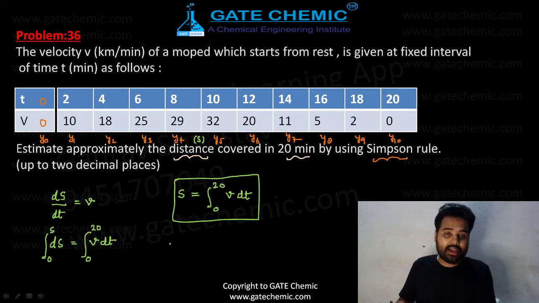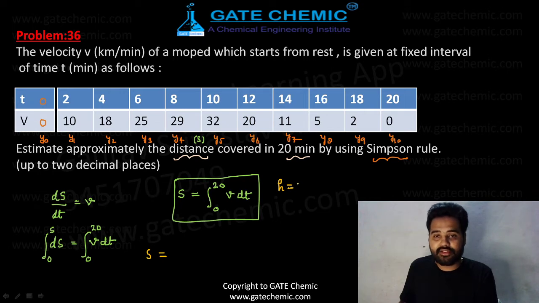So here you can write this using Simpson's one third rule. The value of h here is 2: 4 minus 2, 2 minus 0, or 6 minus 4. The common subinterval is 2.